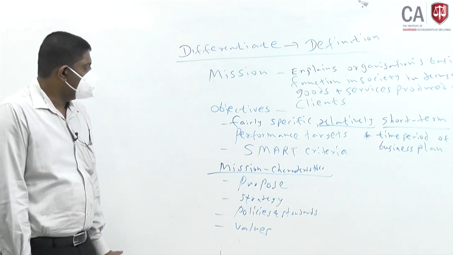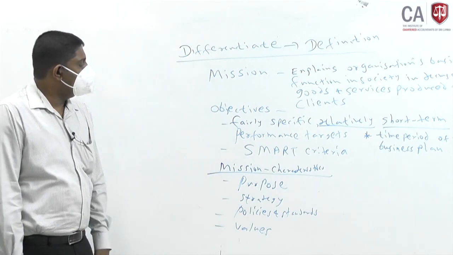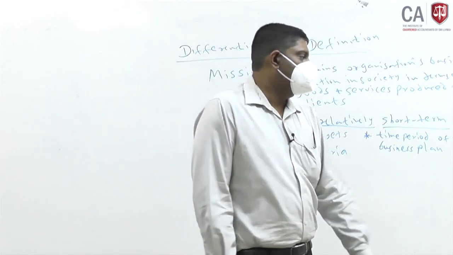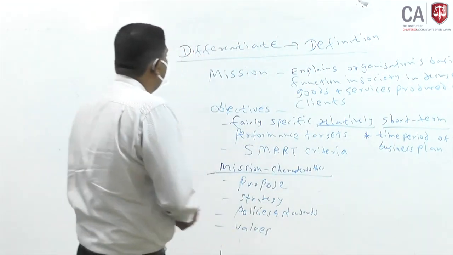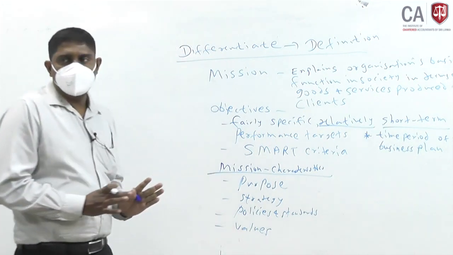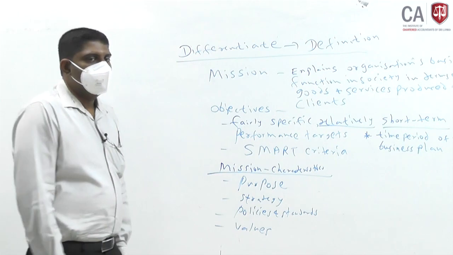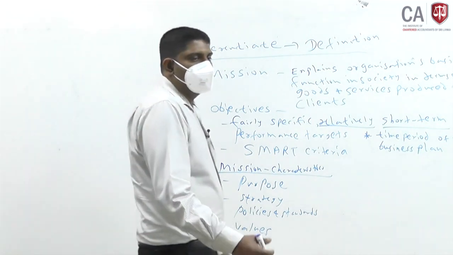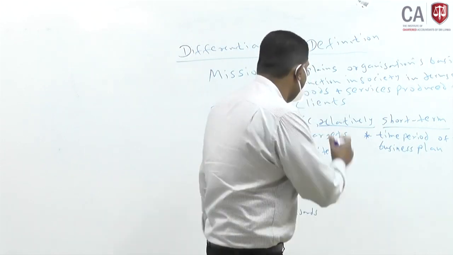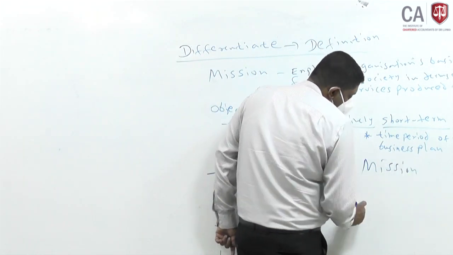Then you can identify some relationship also. What is the relationship normally? Normally we identify objectives to achieve the mission. Or in other words, objectives are derived from the mission. By looking at the mission, we set the objectives.